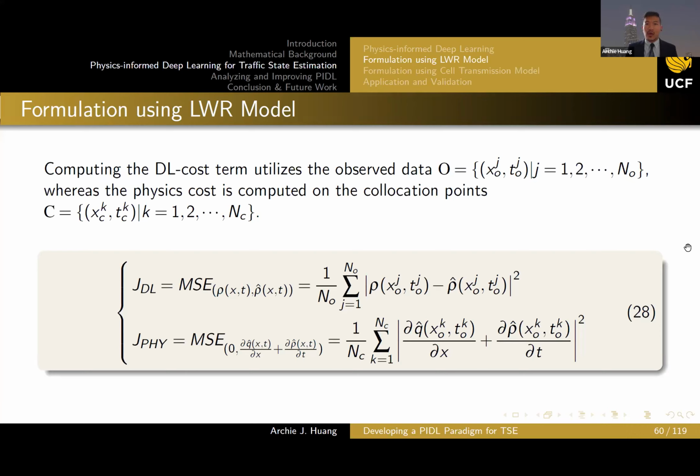I want to point out these two data sets here. The first is set O, the observed data set, and that represents all our traffic observations. And the second is set C, a set of collocation points where the physics costs are computed.